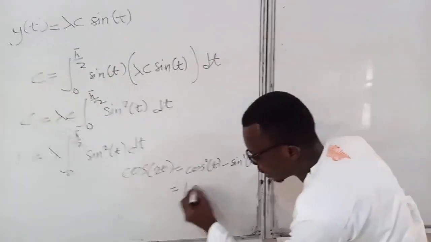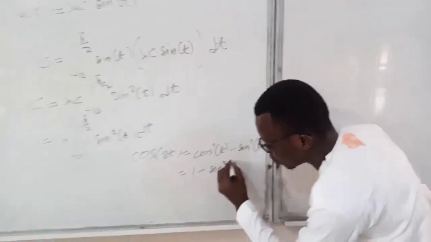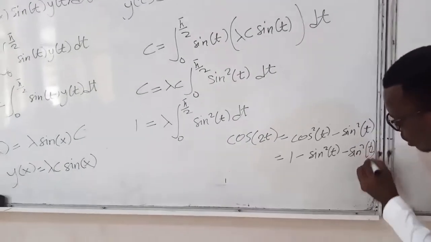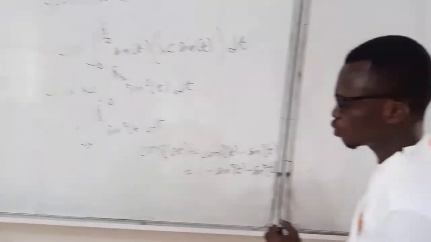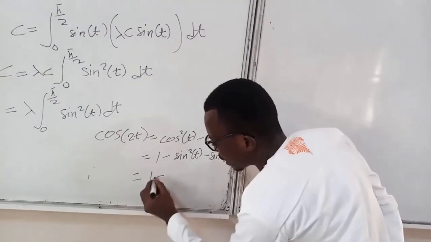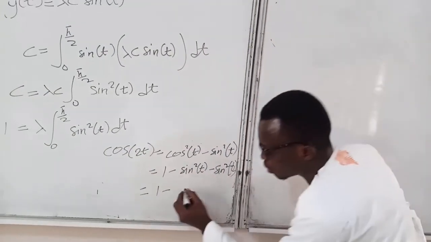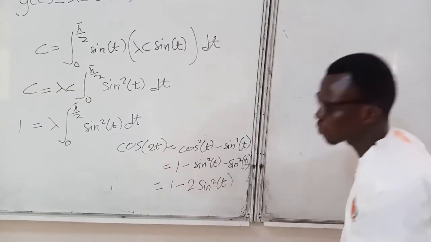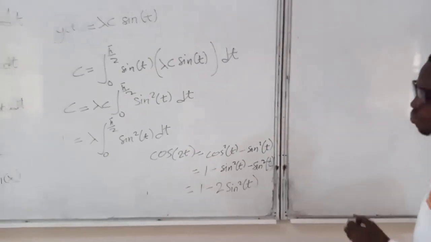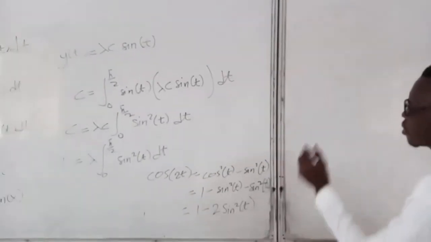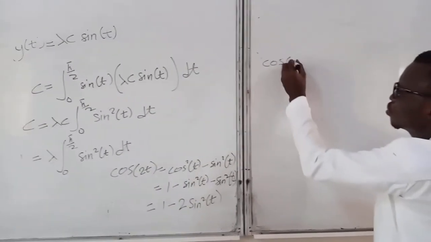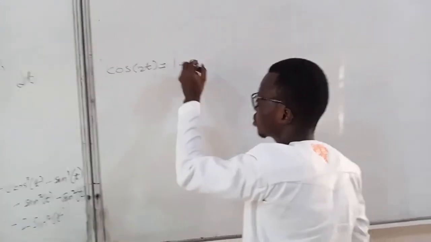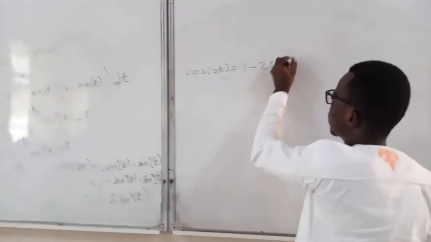So 1 minus sine squared t minus sine squared t. So here becomes 1 minus 2 sine squared t. Now here becomes that cos 2t is equal to 1 minus 2 sine squared t.